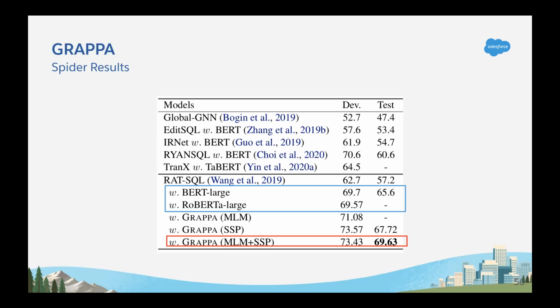Have you done some kind of test, for example a paired t-test, especially for those methods? For example, RAT-SQL with BERT performs also very well, right? The performance metric is 70.6, which is not as good as your best performance, but it's still close to a certain version of your method with, for example, BERT large or RoBERTa large.